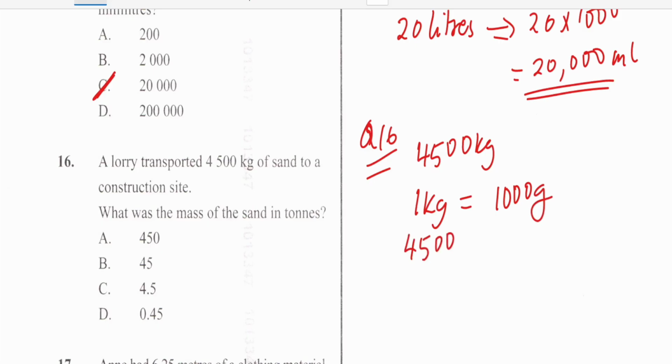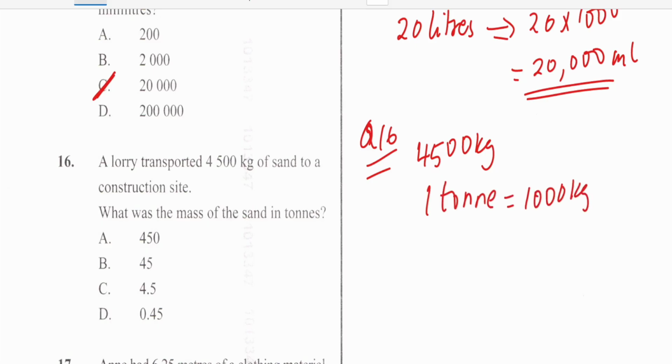Now I'm very wrong because I'm not converting kilograms into grams. We're supposed to convert kilograms into tons. Therefore, for every 1 ton that you have is equivalent to 1,000 kgs. Okay, so therefore you ask yourself, what about 4,500 kgs? So for you to convert kgs into tons, you divide it.